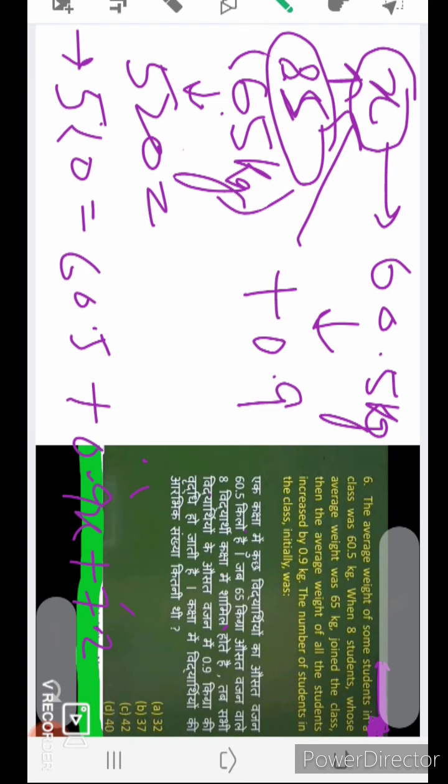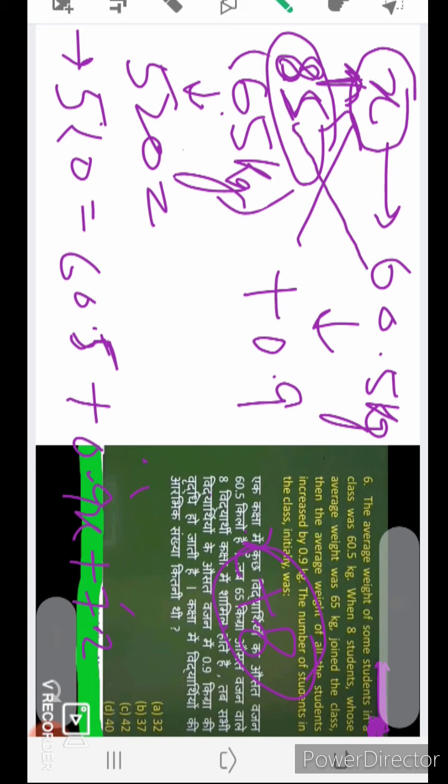Yes, this is actually not 60.5. Sorry, this is actually not 60.5. That's why I'm thinking that I have done something wrong. This is not 60.5, my dear. There are total 8 students which we are including. So if we are adding x plus 8, then there are also 8 students here.